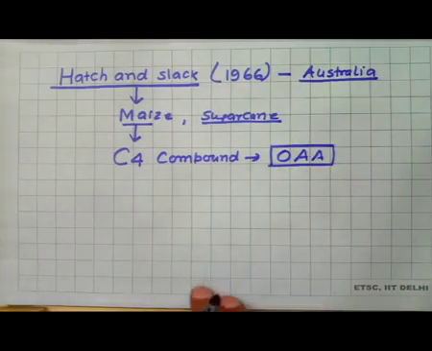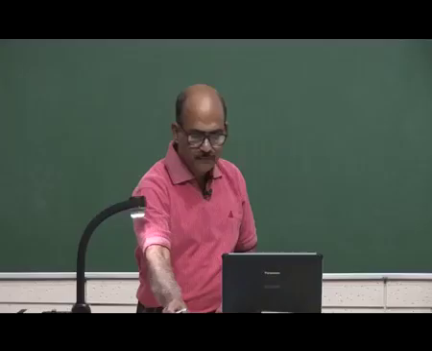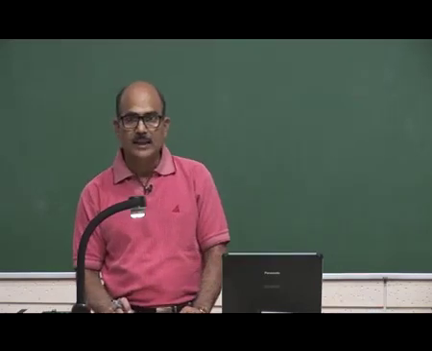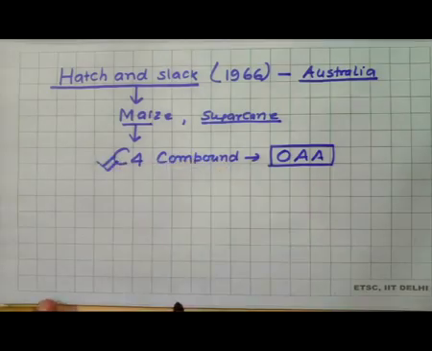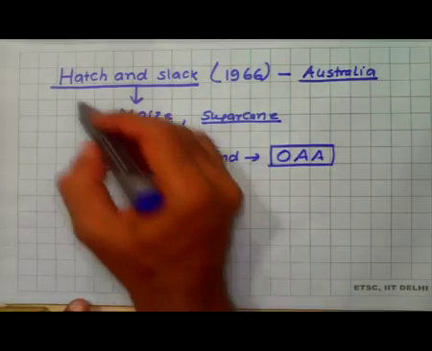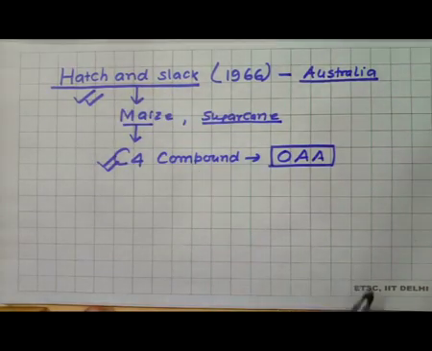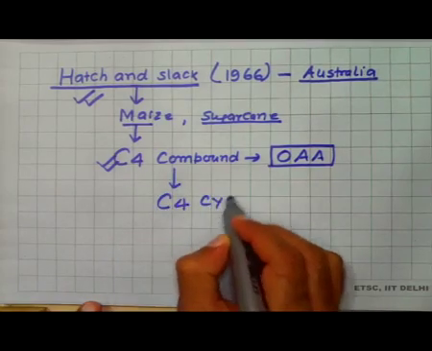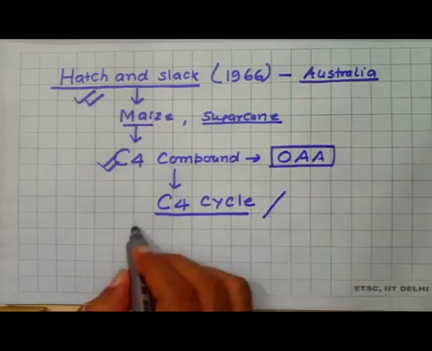So after 1966 it was confirmed that not only C3 compounds but also C4 compounds are formed in the dark reaction. It was already indicated by three scientists and finally proved by Hatch and Slack. So this cycle is known as the C4 cycle, because the first stable product is the carbon-4 compound oxaloacetic acid. It is also known as the Hatch and Slack cycle.